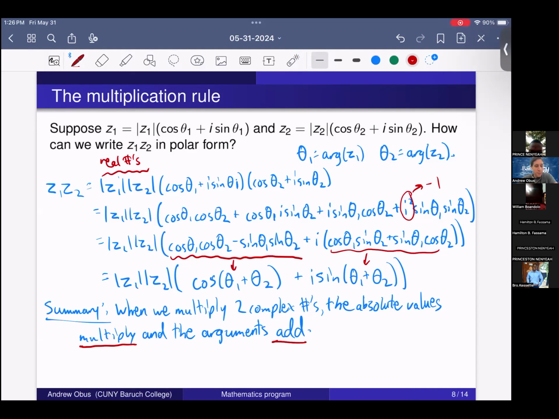But in polar form, it's very easy. The absolute values multiply and the arguments add. So what this tells us is that the argument of Z1 Z2 is just equal to theta 1 plus theta 2. Okay, you just add the angles.